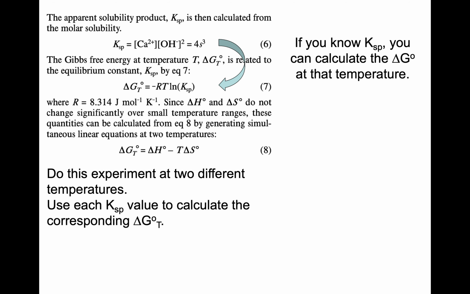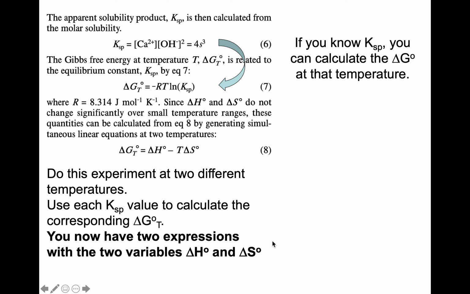Now, it gets cooler here. Do this experiment at two different temperatures: at room temperature, and for a saturated solution at 100 degrees C. Use each of these KSP values to calculate the corresponding Gibbs free energy at that temperature.